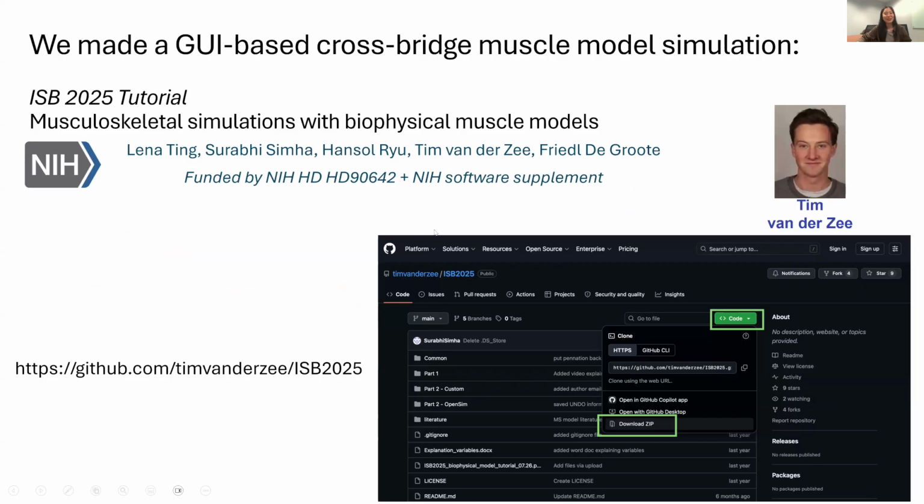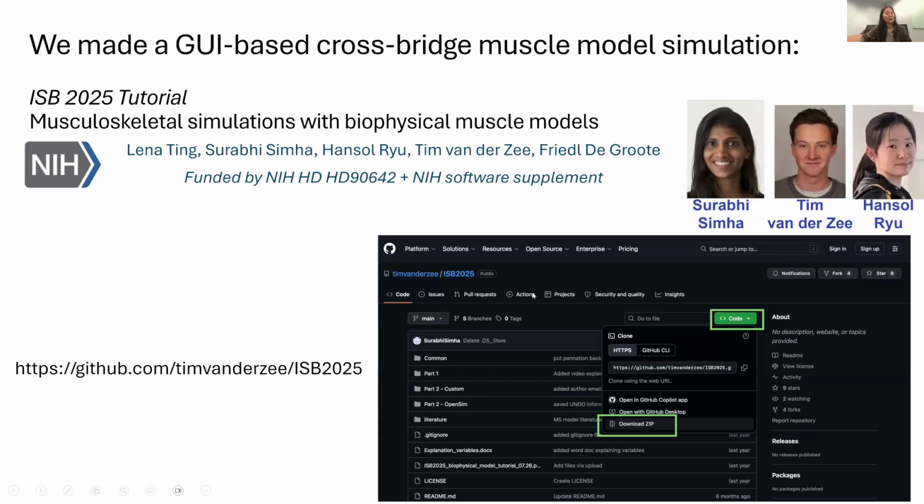Just letting you know, this is the code we used to provide the tutorial at the International Society for Biomechanics meeting last year, titled Musculoskeletal Simulations with Biophysical Muscle Models, which we did with Lina, Serbi, Tim, and Friedel. And Serbi and Tim contributed a lot to making this possible.